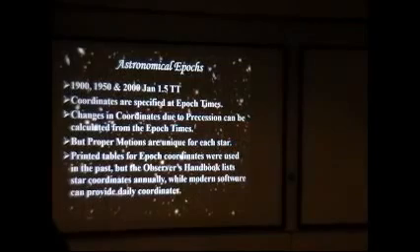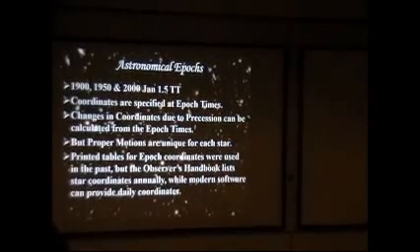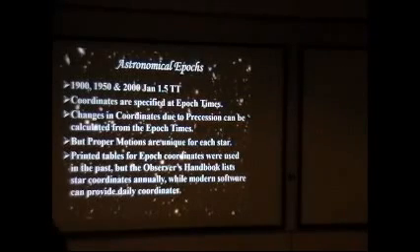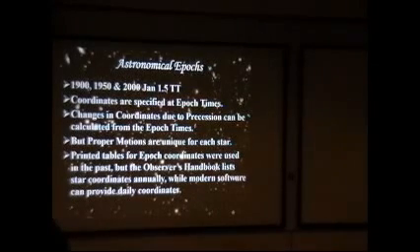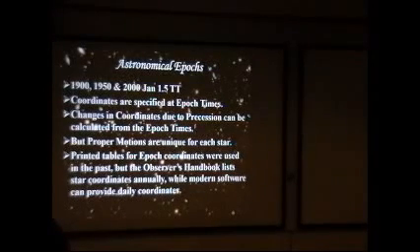Now, things are a little better today. We're in the computer world now, modern generation. And with the Observer's Handbook, they list all the coordinates for all the common stars every year. So, for that year, and I think it's about the middle of each year, the Observer's Handbook of 2016, so that gives you a pretty good idea of where you'd expect to find the stars in the sky.